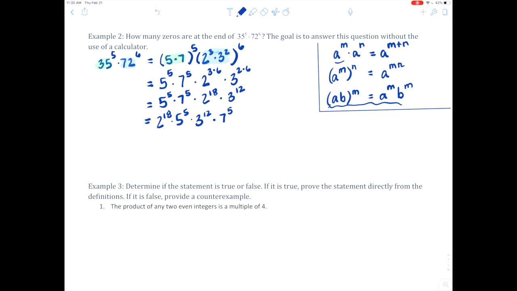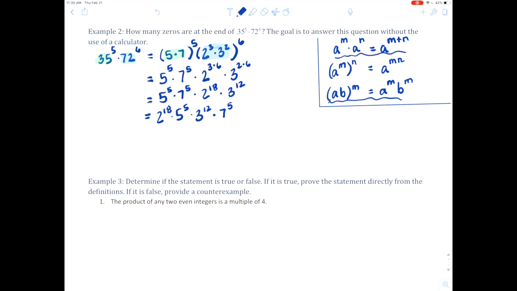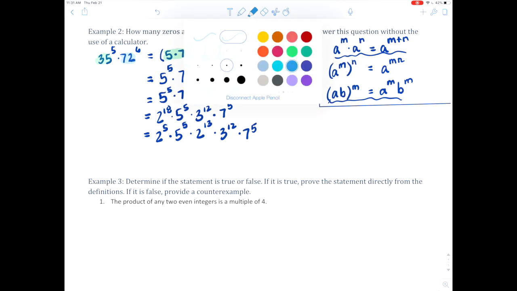So I'm going to use this first one to rewrite the factors of 2 as 2 to the 5th, and then times 5 to the 5th. I'm going to write the remaining factors of 2, and I'm going to need 13 of them, because when you multiply the same base, you add the exponents. So 2 to the 5th times 2 to the 13th is equal to 2 to the 18th. And then we have times 3 to the 12th times 7 to the 5th.